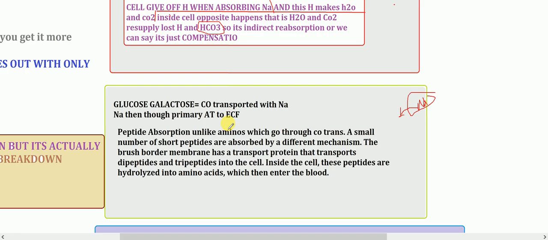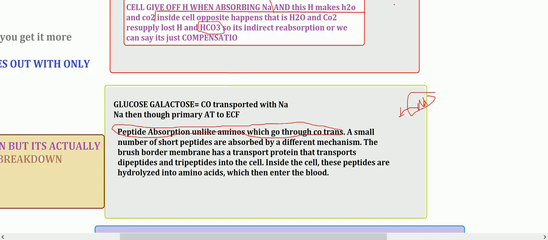Peptide absorption, unlike amino acids, which go through co-transport, is kind of different. So you have to remember that the absorption of peptides, as compared to the amino acids, is a little bit different.